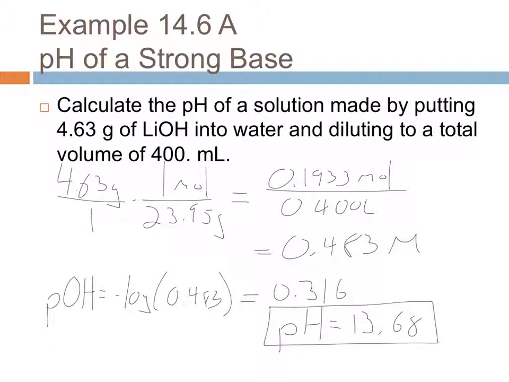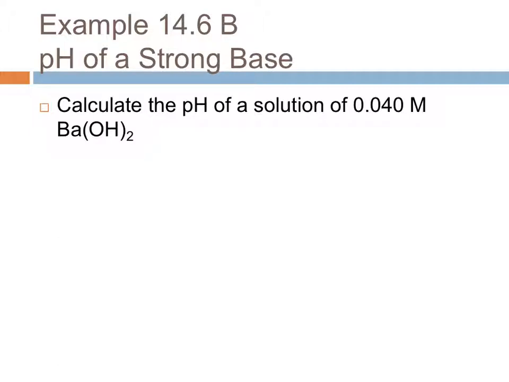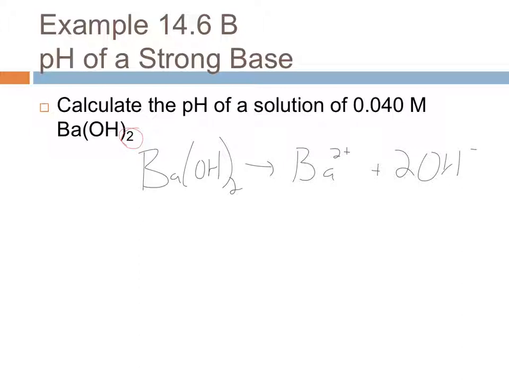That is a pOH. Calculate the pH of a 0.04 molar barium hydroxide solution, which looks to be the same problem. Negative log of that number should be the hydroxide, except for this pesky little 2 from chapter 4. Because we know that when barium hydroxide dissociates, we get 1 barium, but we get 2 hydroxides.